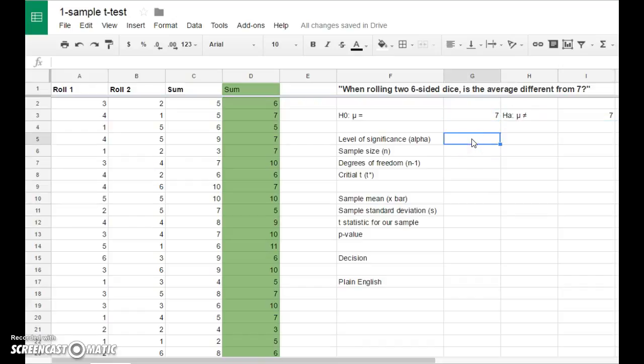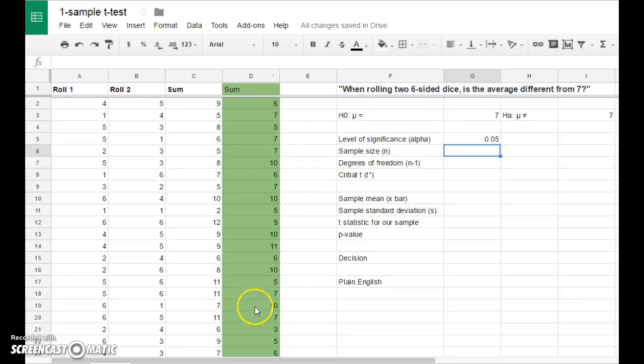Okay, next thing, level of significance alpha. Unless otherwise told, we're just going to use that default of 0.05. Sample size. So I've technically rolled 200 dice because there's 100 in each of these two columns. But what I'm really working with in this question is the sums of 2 dice.